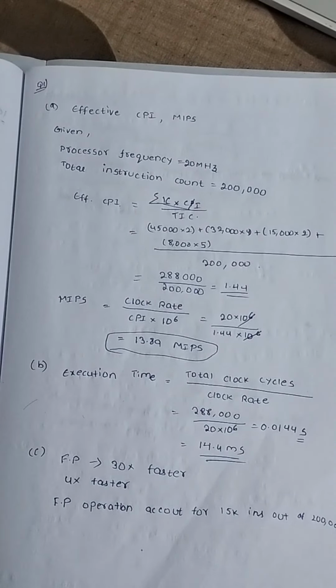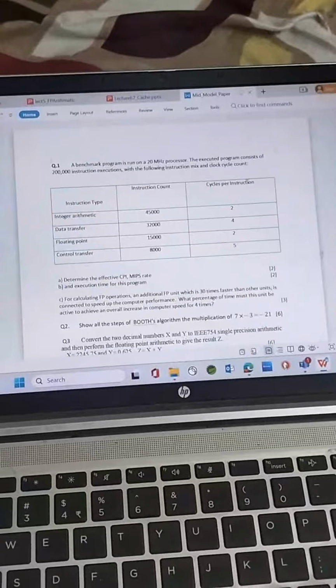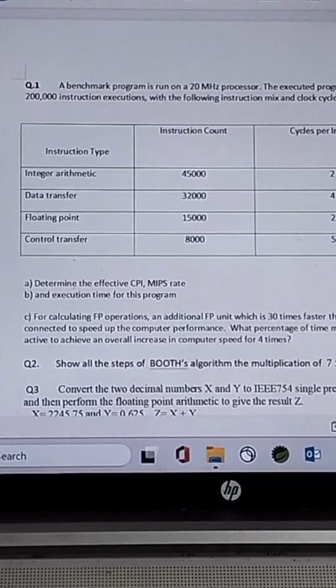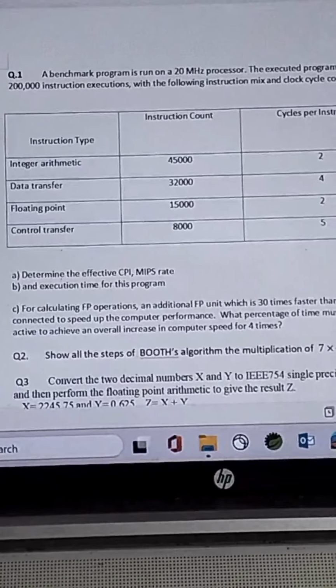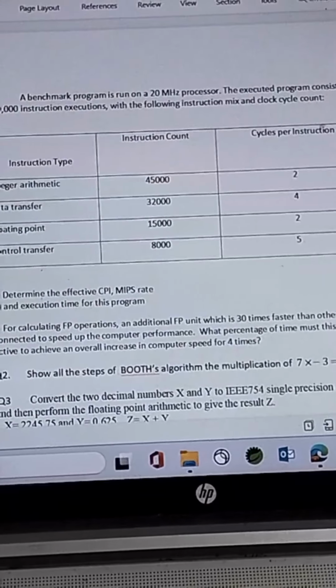In the table, you will be given the instruction count and cycles per instruction for the different instructions: integer arithmetic, data transfer, floating point, and control transfer. These are the 4 instruction types.